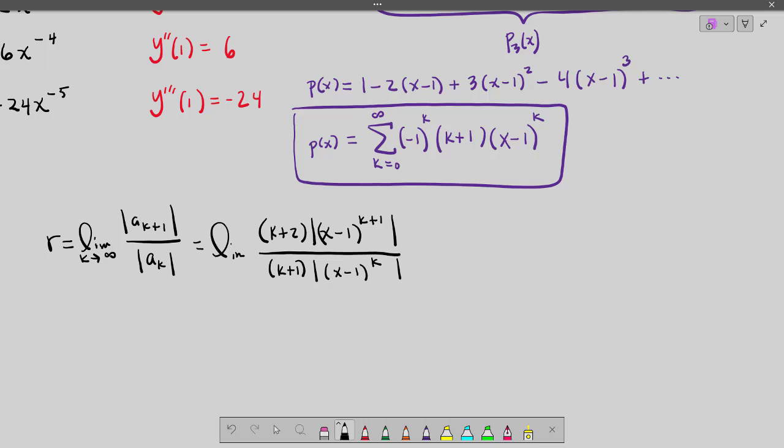If we simplify the x minus 1s first, we see that there's one extra x minus 1 up top. There's also no k in that x minus 1, so that allows us to factor it all the way to the front. So we can say, oh, okay, absolute value of x minus 1 times the limit as k goes to infinity of k plus 2 over k plus 1.